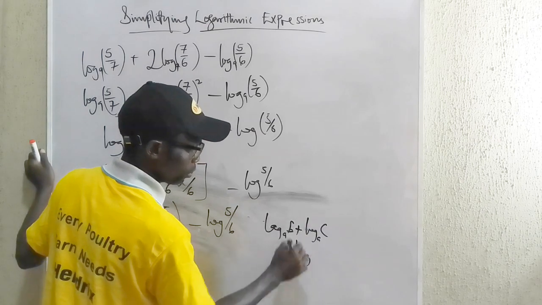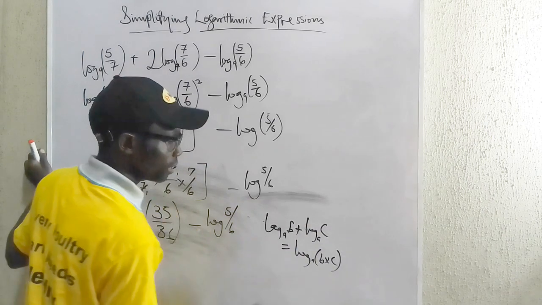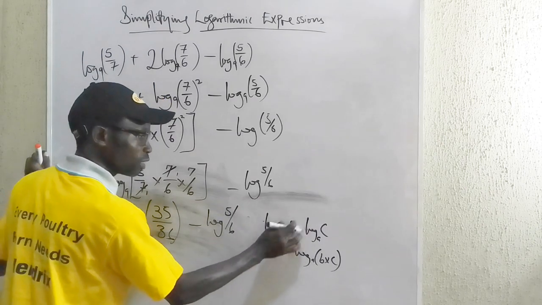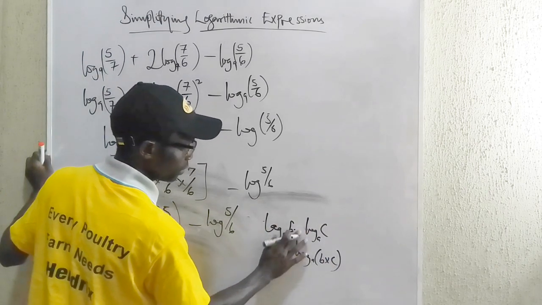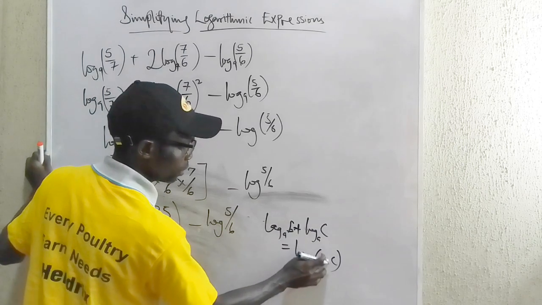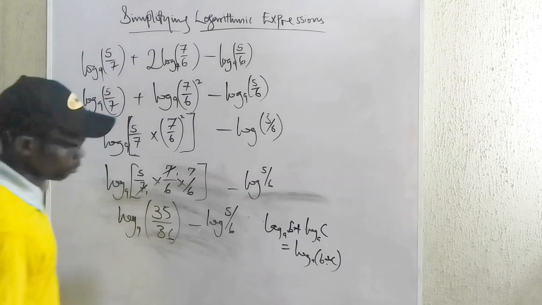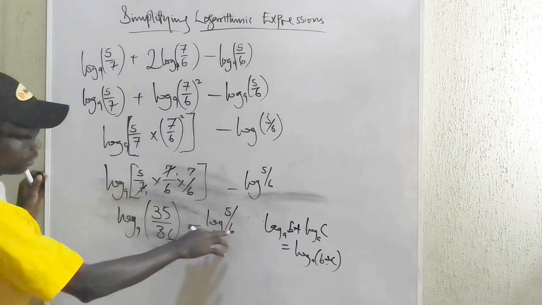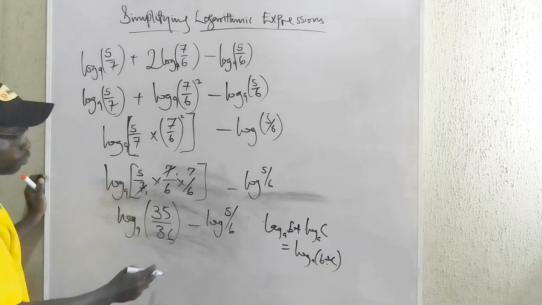When we had it as plus, it was log a of b times c. This time, if we change it, this is actually a division sign. At this point it is a plus sign; this is going to be a division sign: b divided by c. So the same thing applies here. This is going to be divided by this. So this will form the numerator and this will be the denominator.